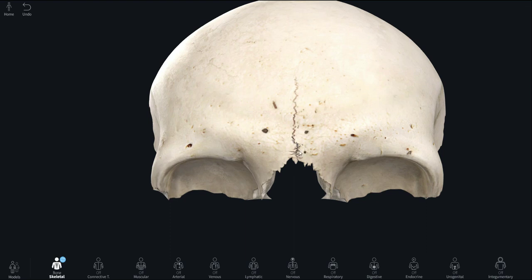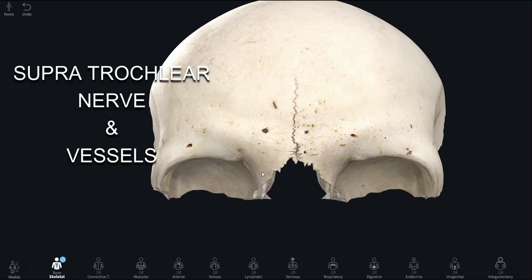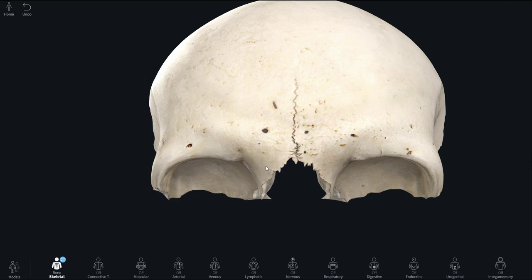Now just add one more piece of information, that a little bit medial to the supraorbital notch, sometimes, or rather most of the times, the margin will allow the passage of the supratrochlear nerve and vessels. So the supraorbital notch will allow the passage of the supraorbital nerve and vessels.